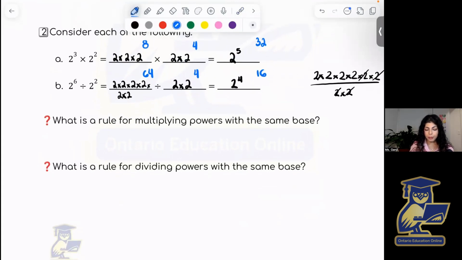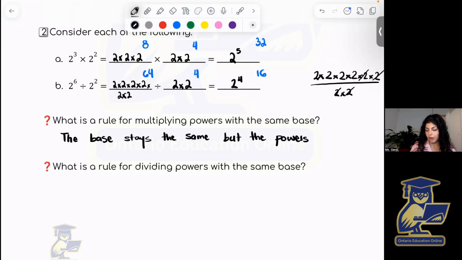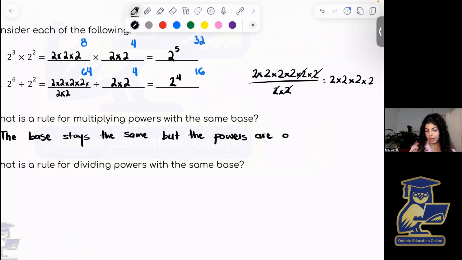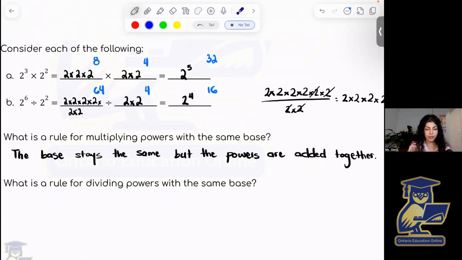So a rule for multiplying is that with the same base, when you're multiplying powers with the same base, the base stays the same, but the exponents or the powers are added together. And that's what we saw here, right? 3 plus 2 gave us 5.